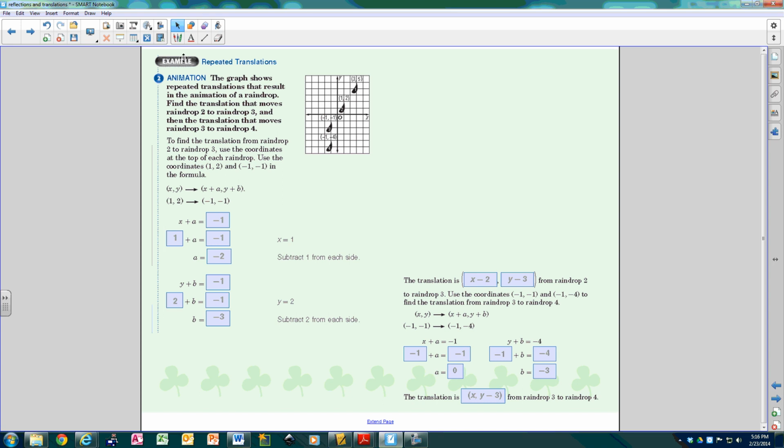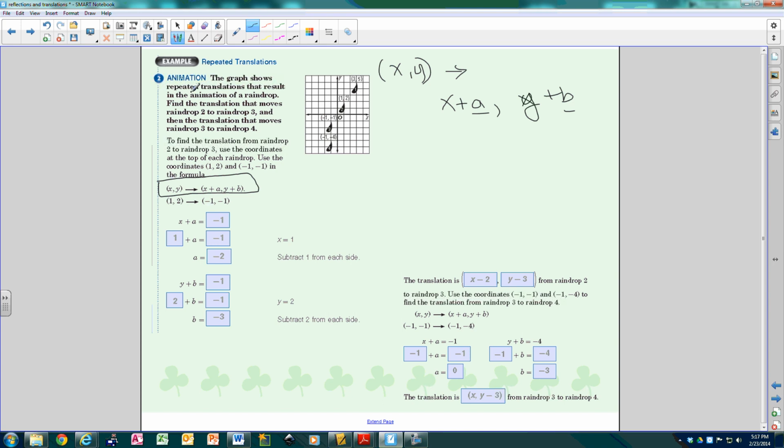All right, now, sometimes they'll give us a beginning and an end, and they want us to find out what happened. So you kind of have to use this rule right here. So you're going to take your x and your y, and you're going to do something to the x, and you're going to do something to the y. We don't know something. A and B is our something. And we're going to go through and find out what happens.